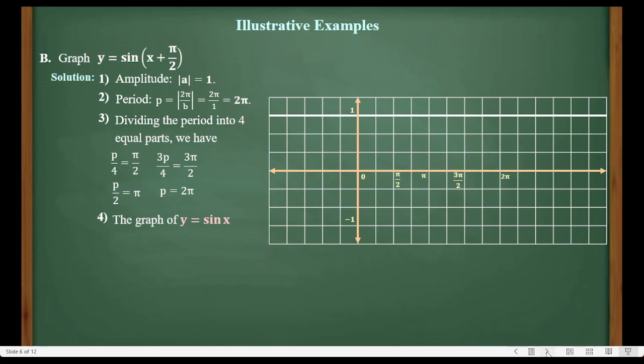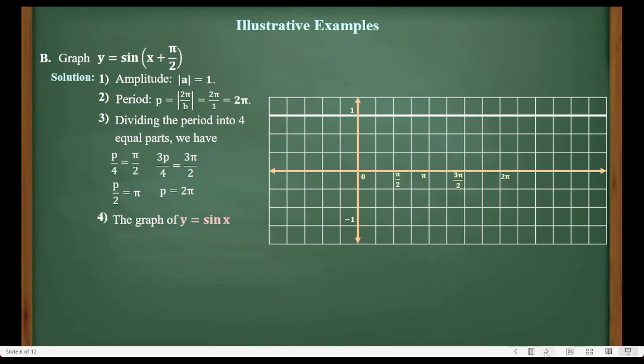And with that, we will obtain a corresponding point to be plotted in this Cartesian plane. So let's just say pi over 2. That is sine of pi over 2, which is, we all know, equal to 1.